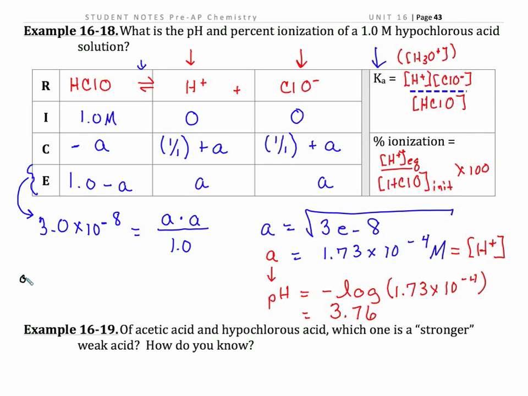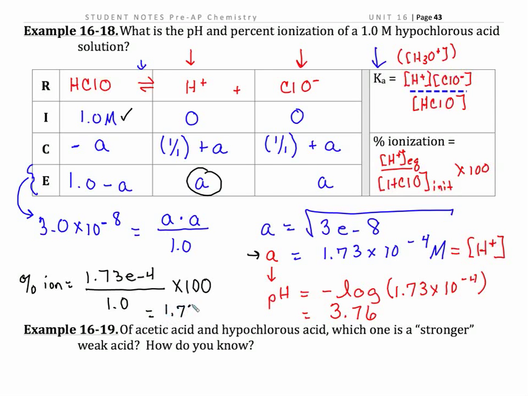Now, what about my percent ionization? My percent ionization is equal to my H+ at equilibrium, which is what I solved here. Remember, it's my H+ at equilibrium. So it's 1.73 times 10 to the minus 4th over my original 1.0, times 100. So in this case, our percent ionization is 1.73 times 10 to the minus 2%.